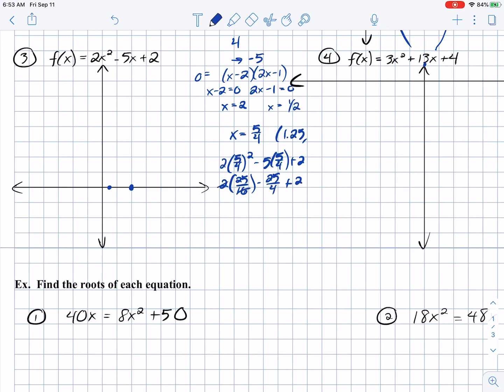See, 2 goes into our 16 8 times, so we have 25 over 8 minus, we need to write this with a denominator of 8 as well, so minus 50 over 8, and then let's write the 2 with the denominator of 8, 16 over 8. So we get -25 over 8 plus 16 over 8, which leaves us with -9 over 8, or -1.125, not about, exactly.